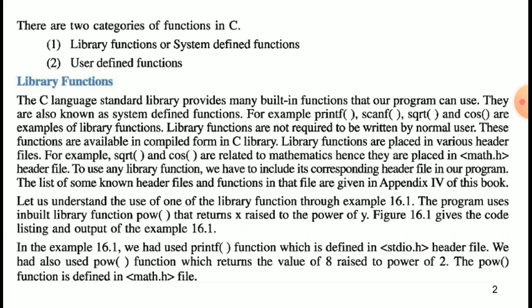They are placed in the math.h header file. To use any library function, we have to include its corresponding header file in our program. The list of some header files and functions in those files is given in Appendix 4 of this book.